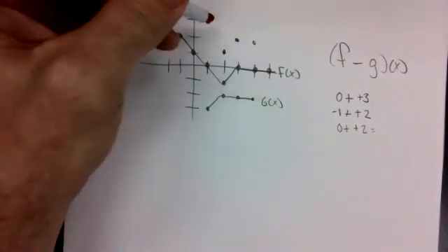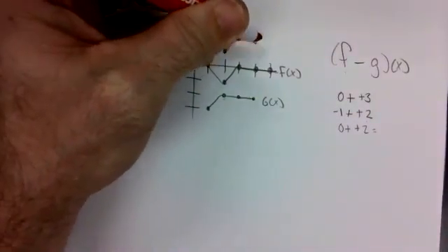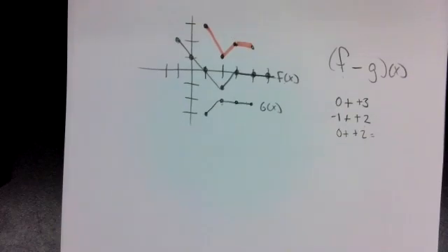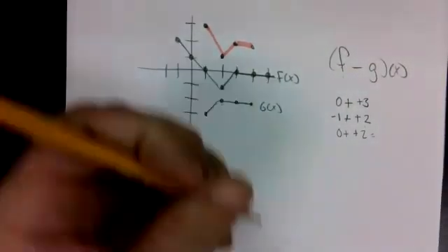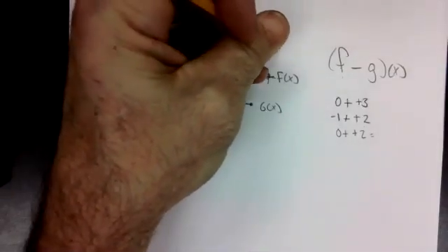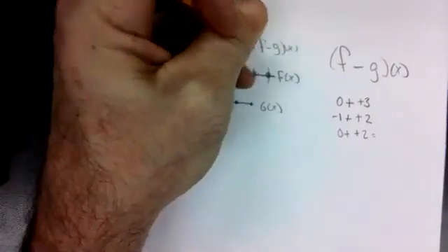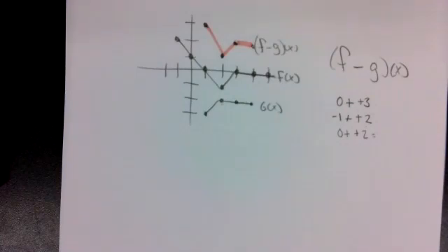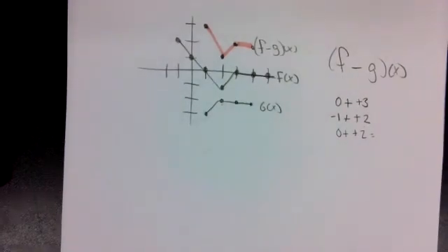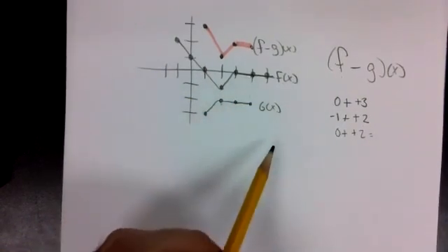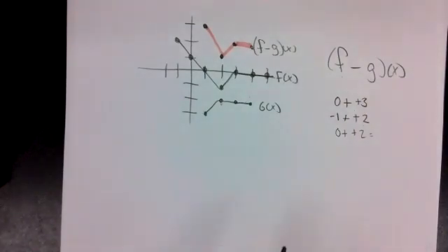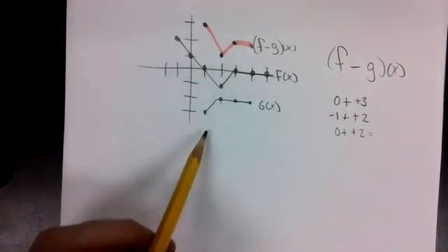So this red function represents the f minus g of x. Again, you just do it item by item for each y value. And if we would flip-flop those around, that would change things, okay?